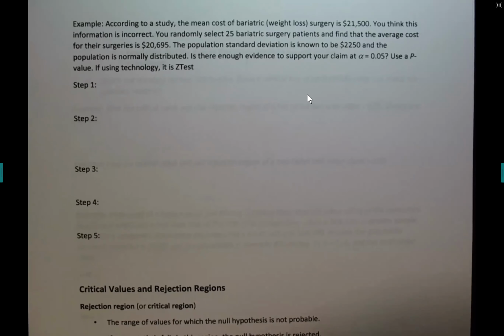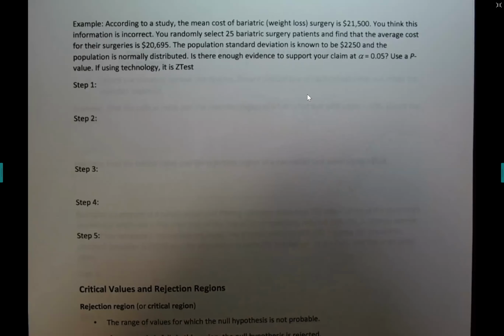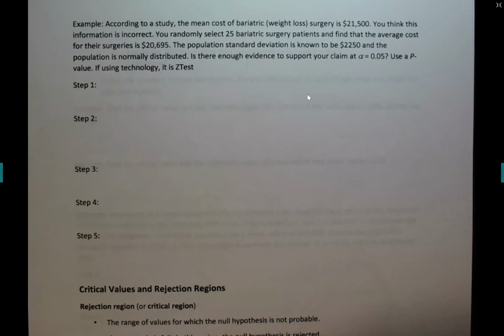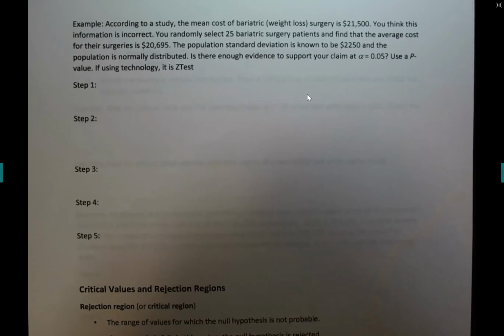Okay, here's an example. These are the types of problems you're going to see from chapter 7 mainly, guys. It's all word problems. I put already the steps there just to guide you through it. According to a study, the mean cost of bariatric weight loss surgery is $21,500. You think this information is incorrect.